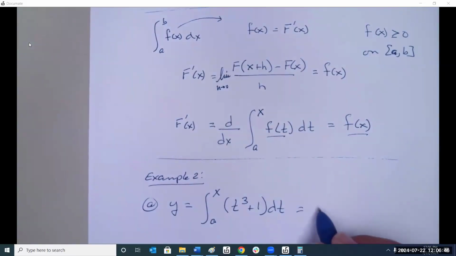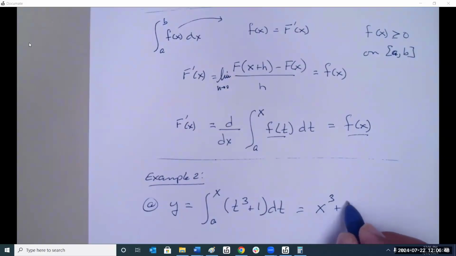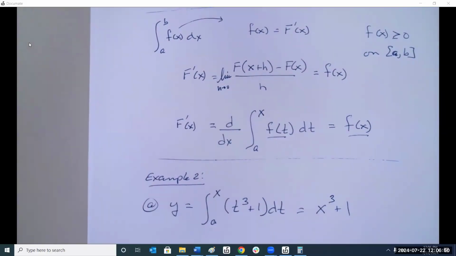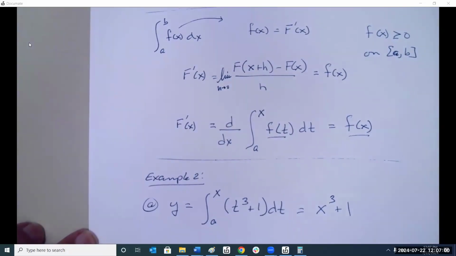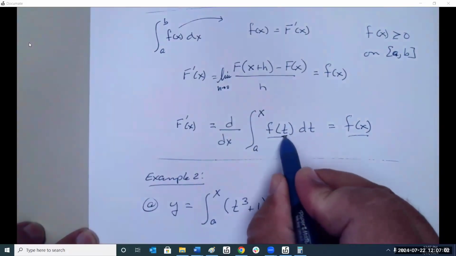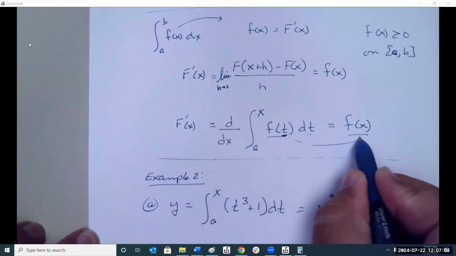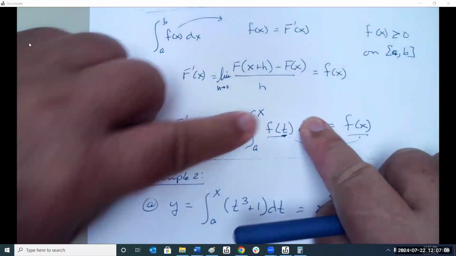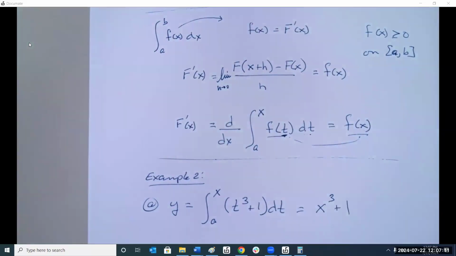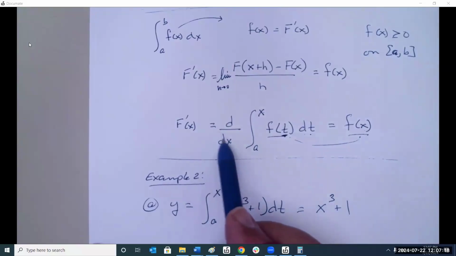So this one would become x cubed plus 1. Because we're integrating with respect to t, and it becomes x. So all we did was these cancel each other out. So f of t now becomes f of x, because it's the derivative of the integral.